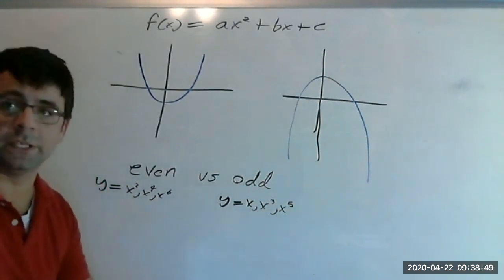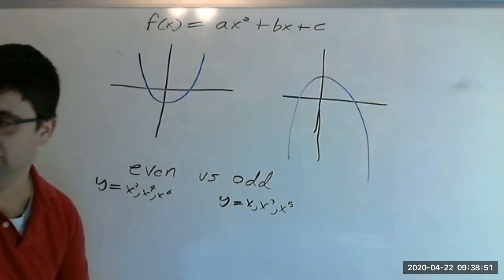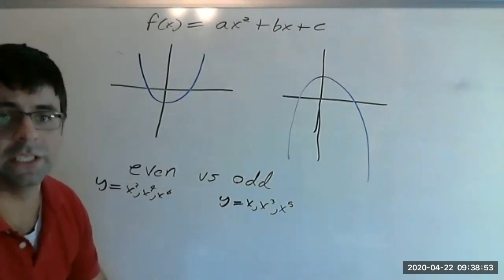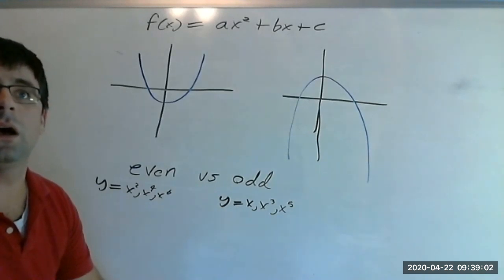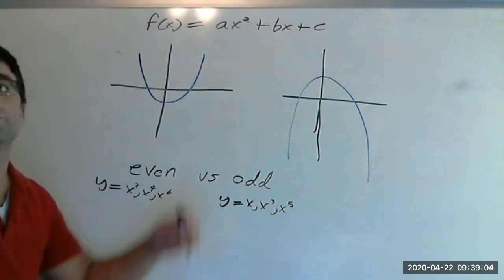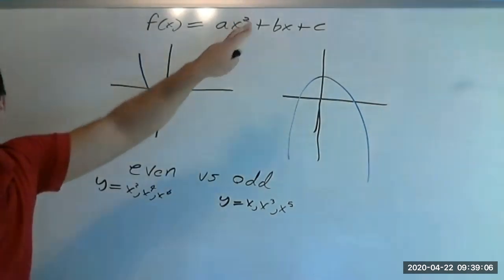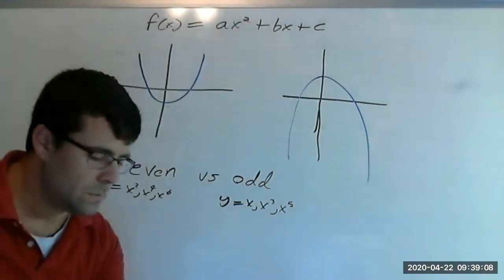So the thing that determines the oddness or evenness of a function is the highest power in that polynomial. So this one has a highest power of 2, so it is even.